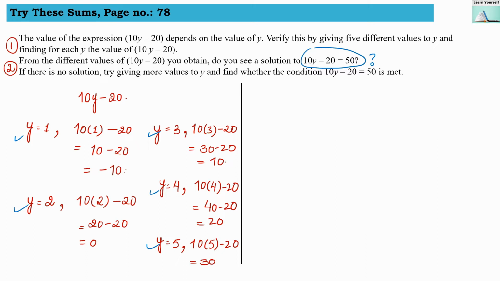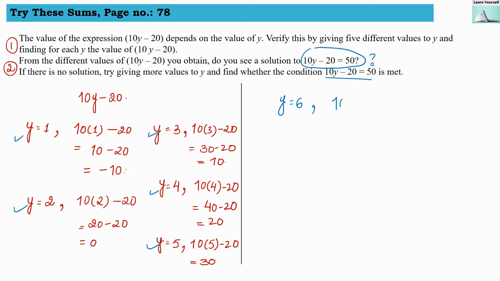We got till 30. So if we take 2 more values of y, we may get the answer 50. If there is no solution, try giving more values to y and find out whether the condition is met or not. So let us take y equals 6 for the second question.